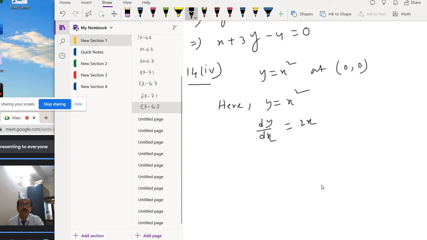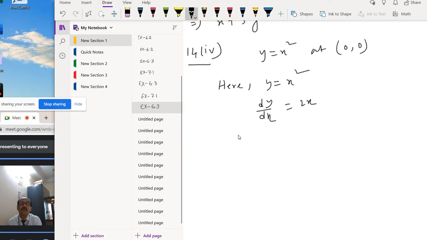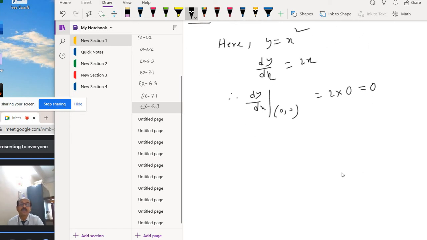X square derivative 2x. Now at 0, 0, dy by dx at the point 0 comma 0 is 2 into 0, x equal to 0, it is 0. So slope is 0. Now equation of tangent.